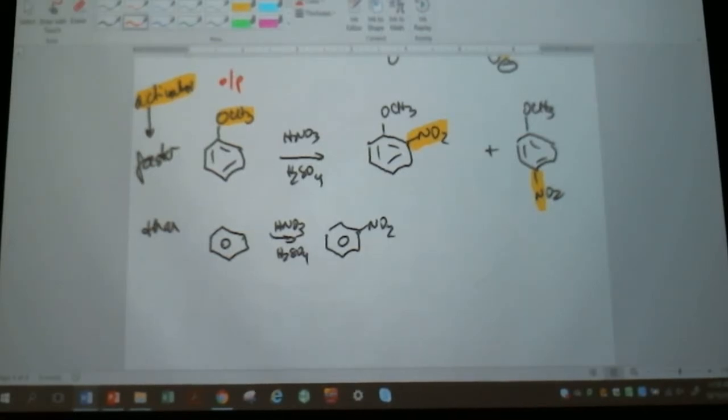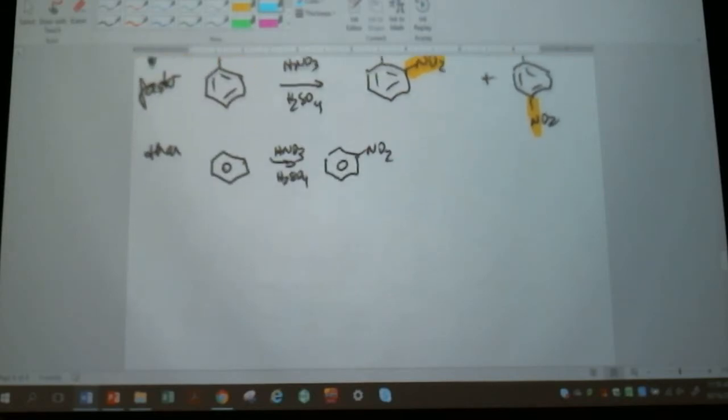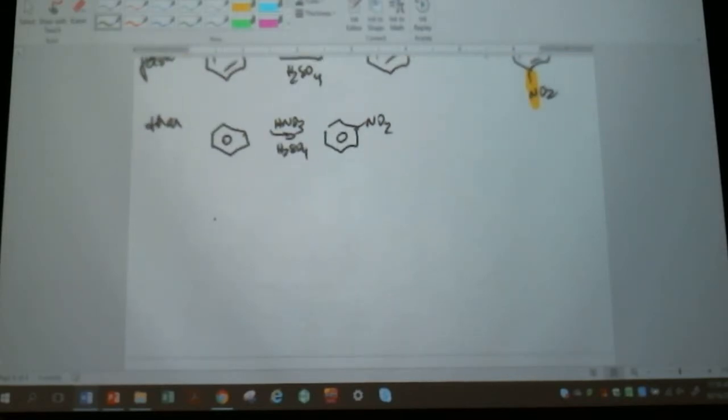Okay, now, this was a pi donor. It is possible to have a sigma donor. That is, this methyl group cannot donate electrons to the ring through pi orbitals, it doesn't have any pi orbitals available.